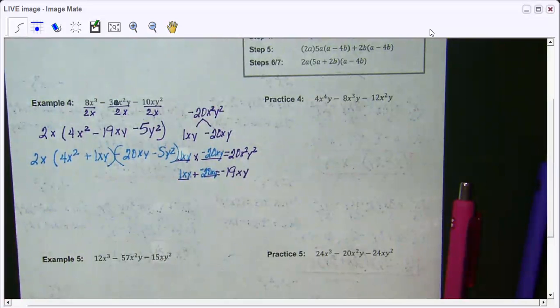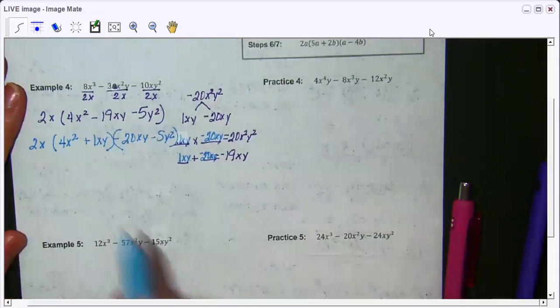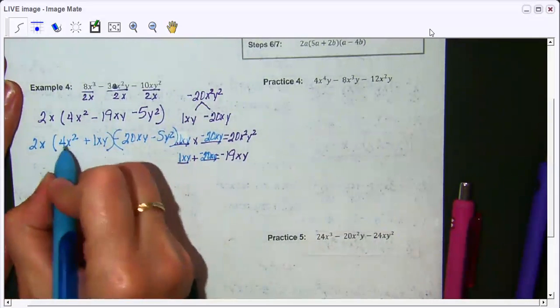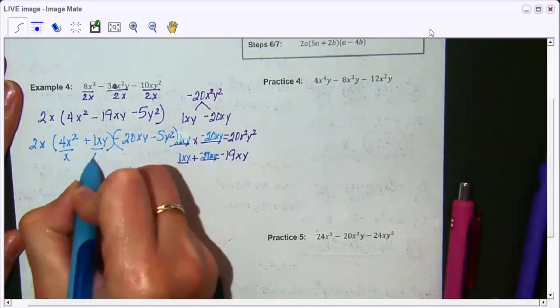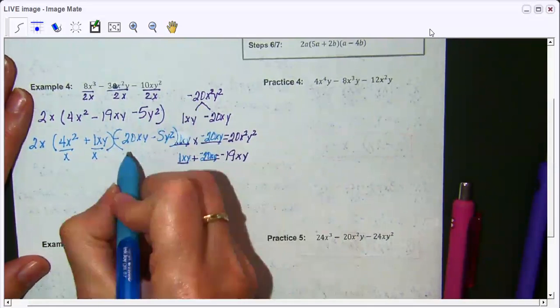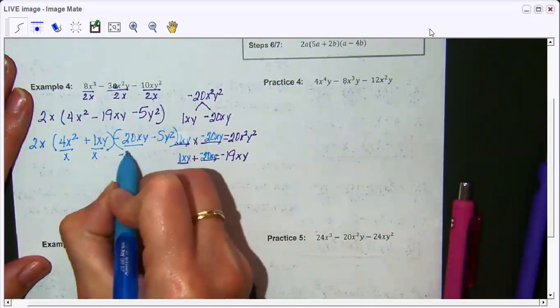It does get a little bit tricky when you pulled out the greatest common factor first, because you wonder what to do with that number. But I'll show you right now. We are going to factor each one of these. We can factor both of these by an x, and we can factor both of these by a negative 5y.